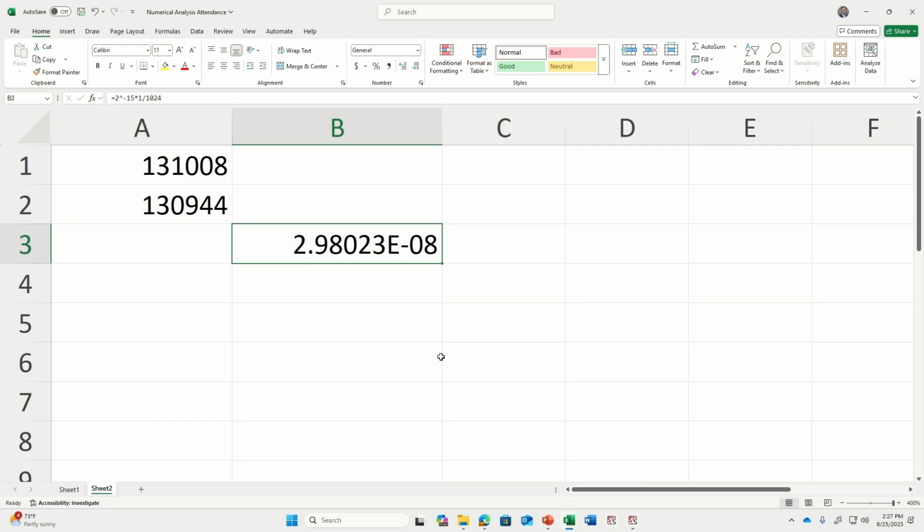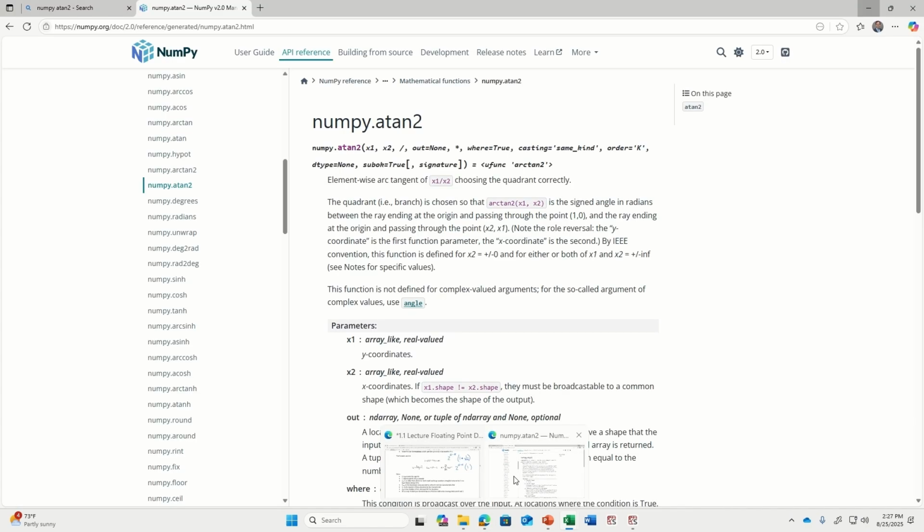That's the size of the gap between numbers when we are at the very, very, very lowest end of what this floating point half precision data type is capable of representing. That's the smallest possible gap between the numbers.